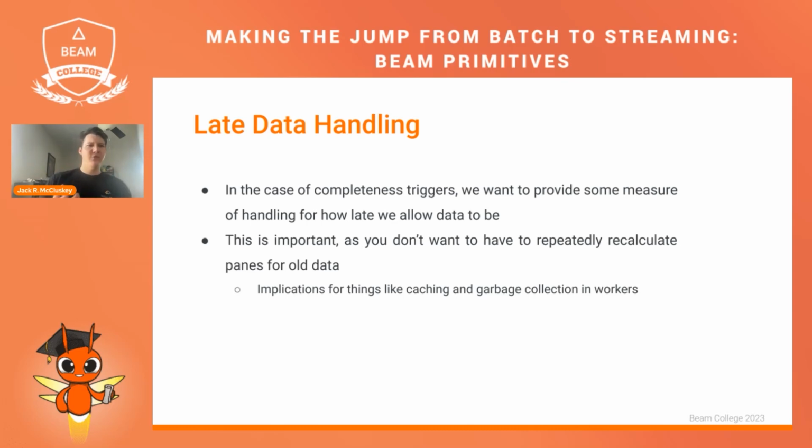If we have to do this regularly, there are implications for things like caching and garbage collection, because to recalculate things with panes, you are holding on to the values in those panes. The longer you accept late data and the more you recalculate, that's memory cost, and you're still adding the cost of recalculating pane values on top of that.